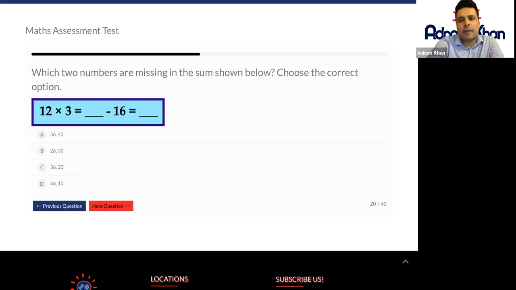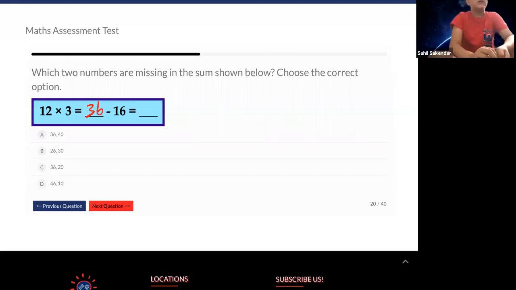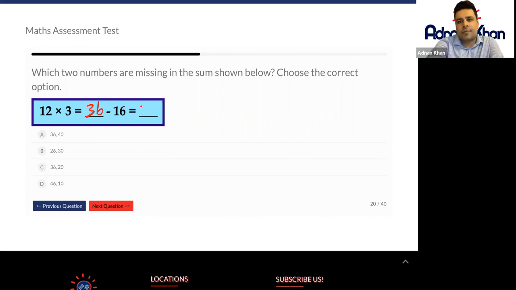Okay, so let's put that down there. And 36 take away 16? That will be 20. It's very good. So that equation now balances really well because we've got two particular answers that we've just answered. So 36 and 20. So that's going to be C, our answer there.